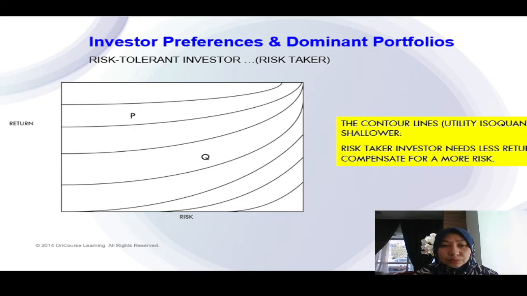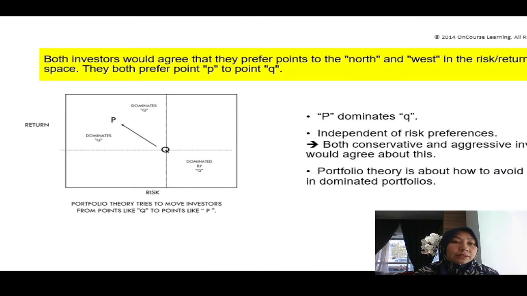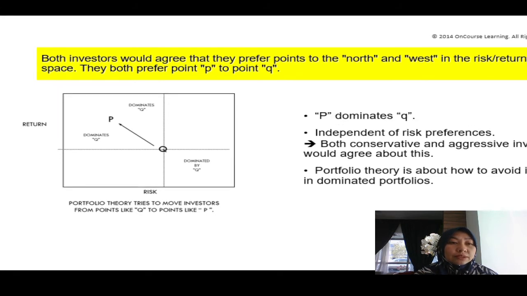So these are the two types of investor: risk taker and risk averse. You should ask yourself whether you are a risk taker or a risk averse investor. If you are not afraid to take a risk, then you are actually a risk taker type of investor.